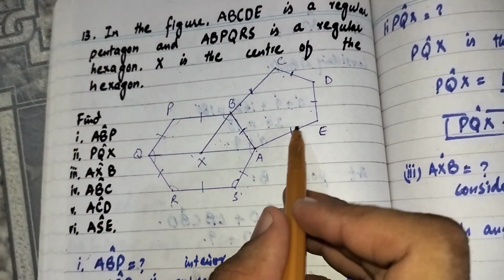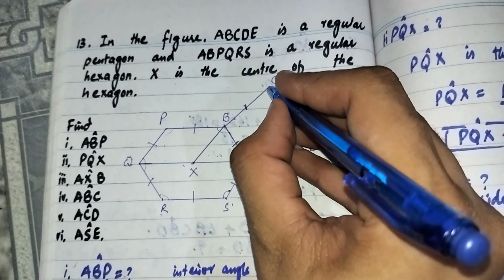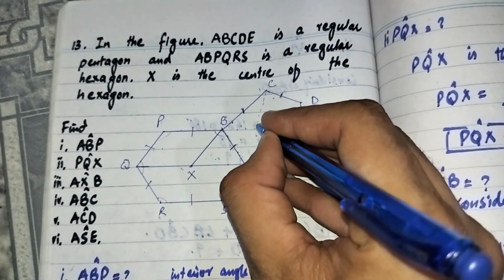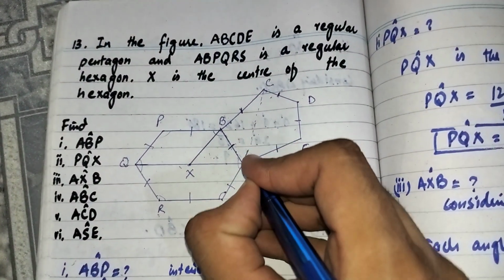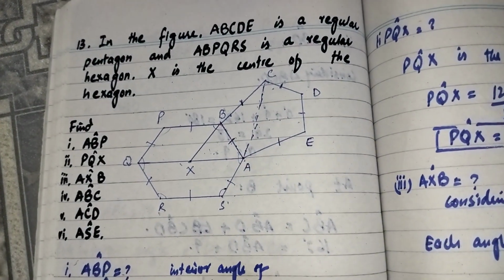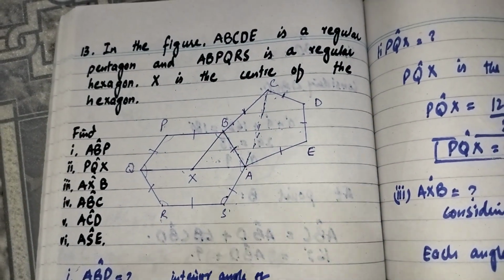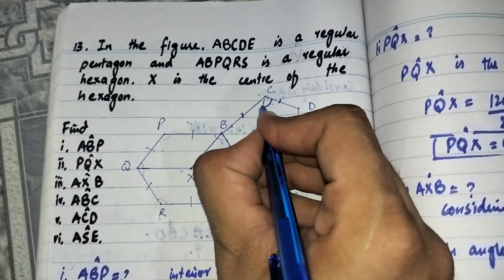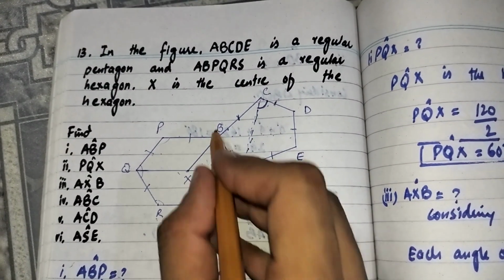In the fifth part we have to find angle ACD. To find this angle ACD, I am considering triangle ABC.